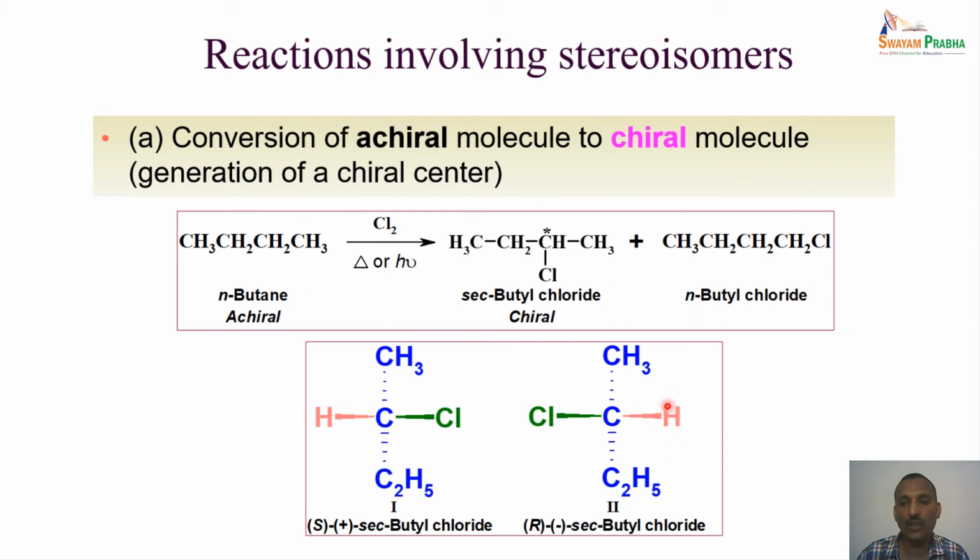But in this case, we have hydrogen pointing towards the observer. So whatever we get, we have to just reverse it. In this particular case, this is the counterclockwise one, that is S, so we have to reverse it. So the actual configuration is the R isomer. That way we get two enantiomers in this particular reaction.